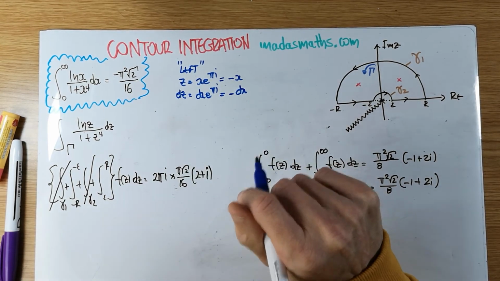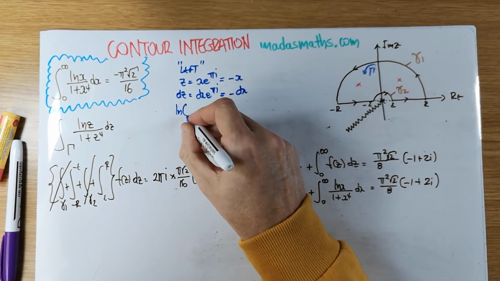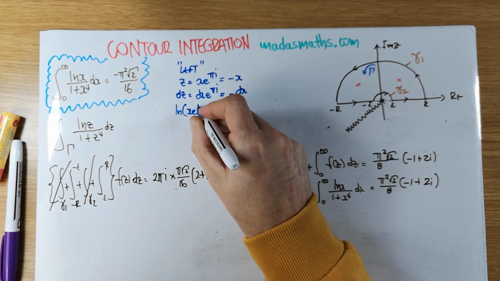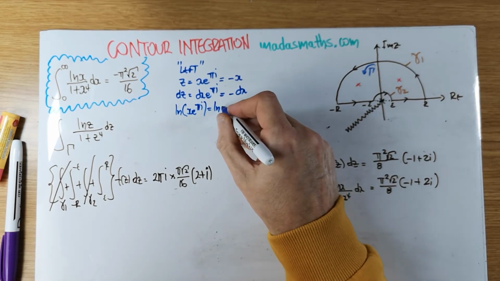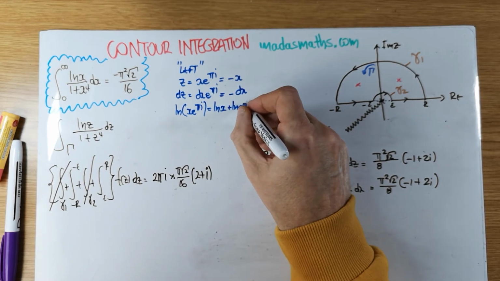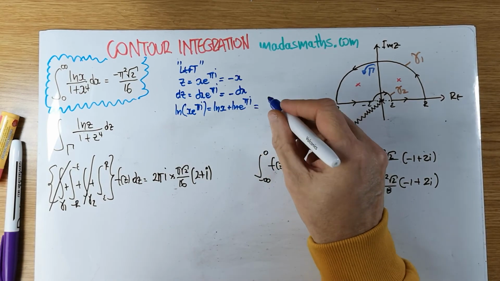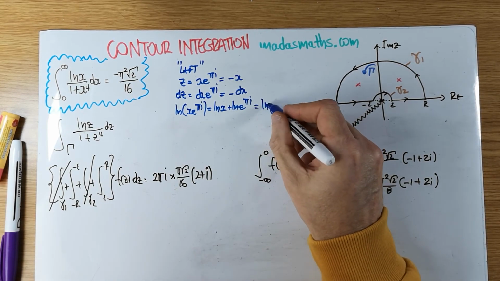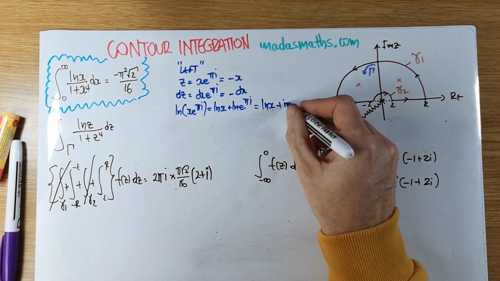Okay, what about the log? The log of z is the log of x e to the pi i, which of course is the log of x plus the log of e to the pi i, and this will give us the log of x plus i pi.